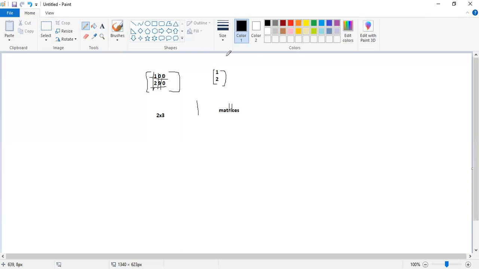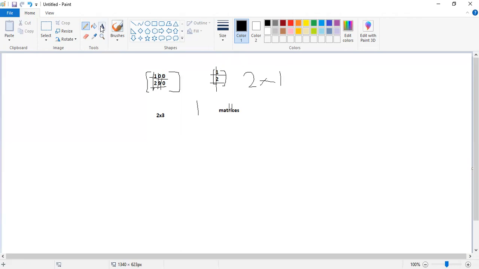And we said that a matrix has rows and columns. So this is the first row, and then the second row, which means 2 rows. The column is just one vertical aspect. So it will be a 2 times 1 matrix. Hope you understand.